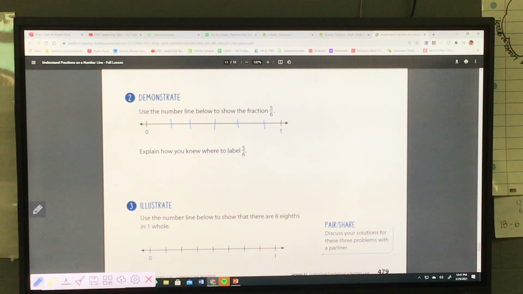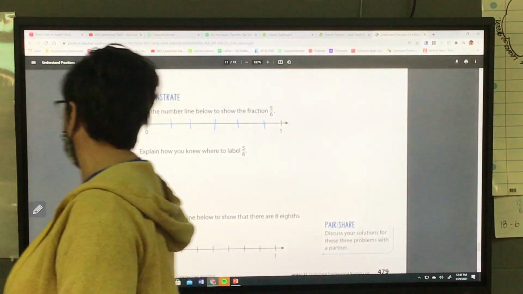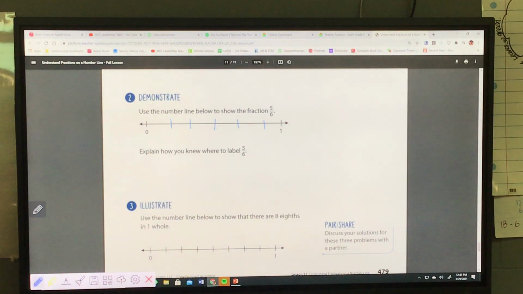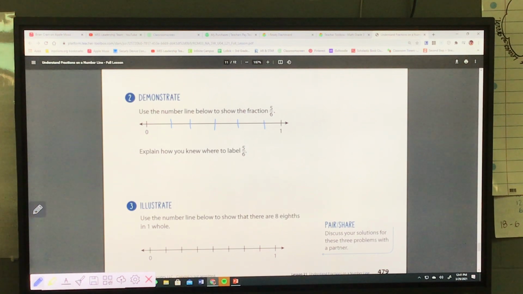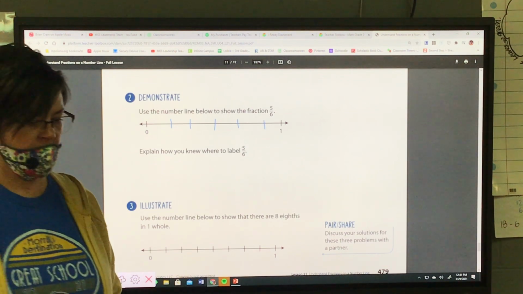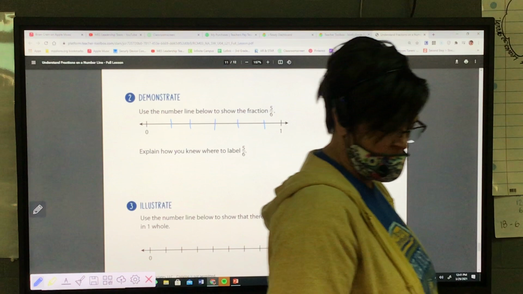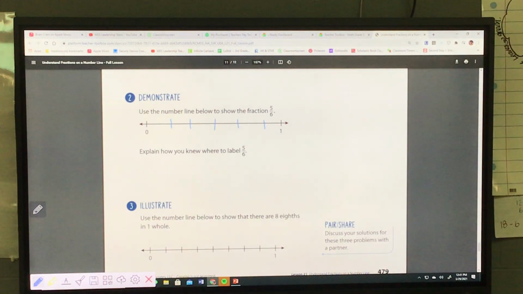Okay, now, instead of explaining how you know where to put 5/6 on there, just label 5/6 on your number line. Either above or below, it doesn't matter.